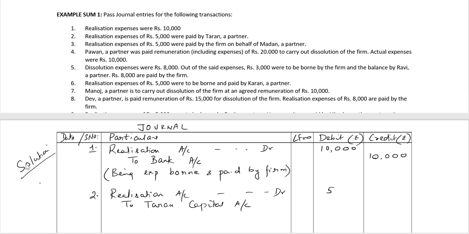Amount 5,000 rupees. Narration, being expenses borne by firm, paid by Tarun.